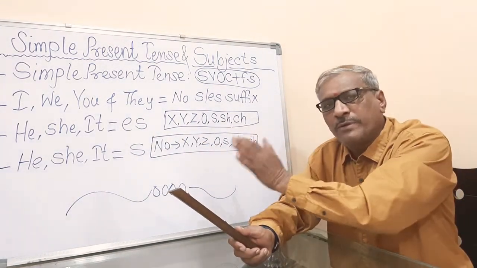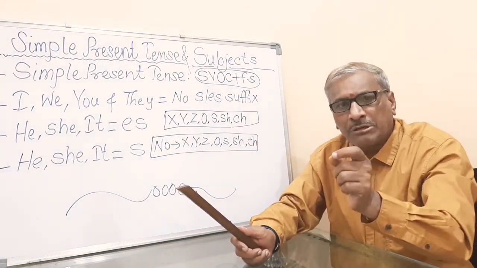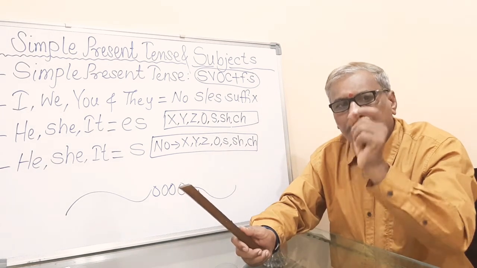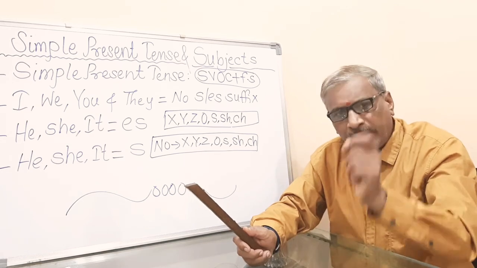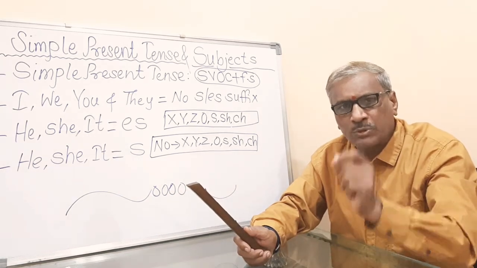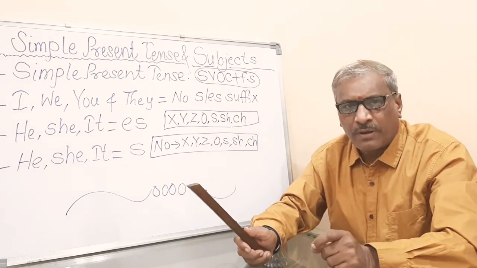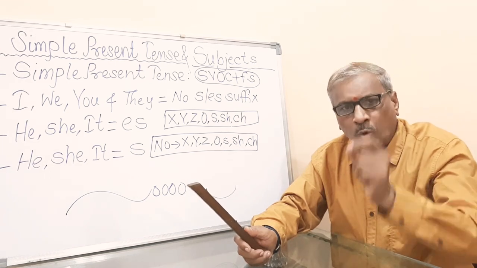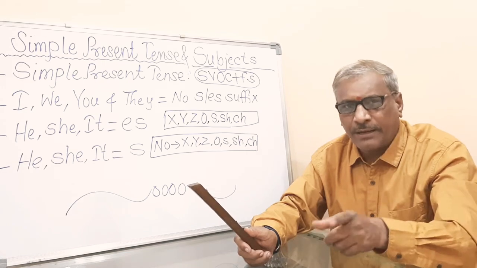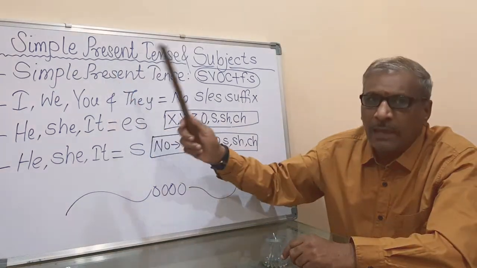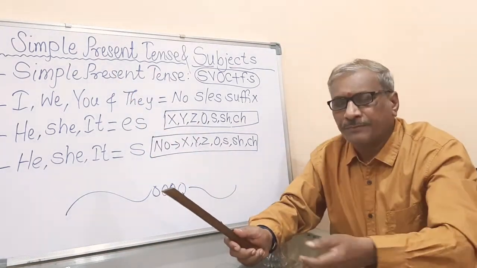How that habit will be spoken? Ramesh collects the tickets of post. Ramesh reads the newspaper every day. Ramesh goes to swim always, every day. Means all these are the habits of Ramesh.